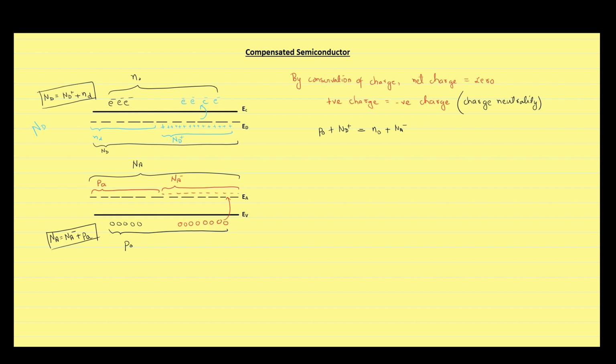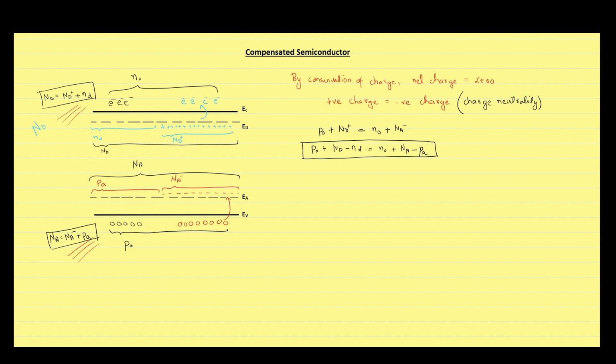Also, we can change this equation by replacing Nd+ and Na-. We came to this equation by using these two equations. This is the most basic formula in which we have not assumed any approximation so far.